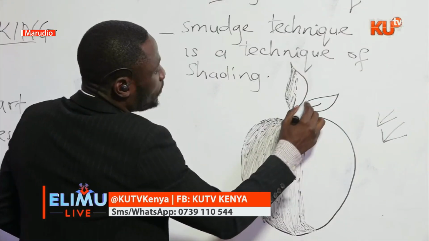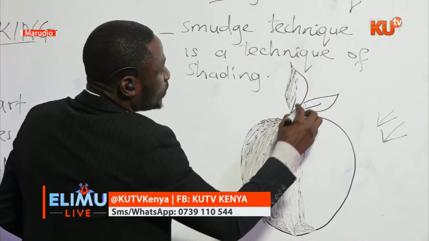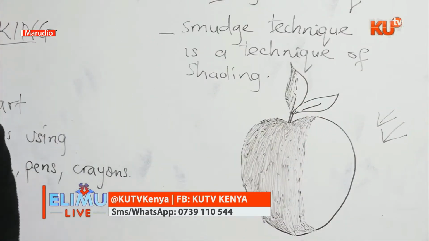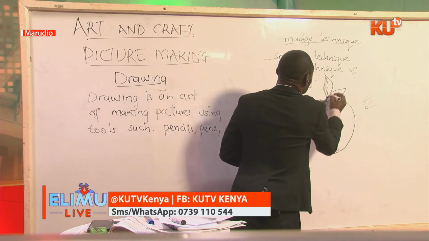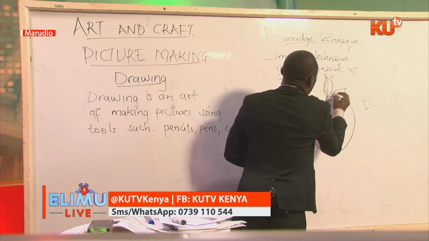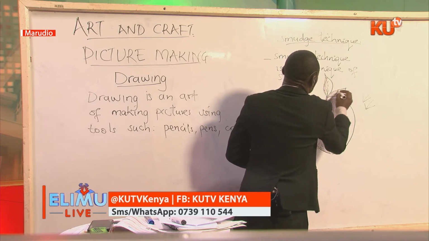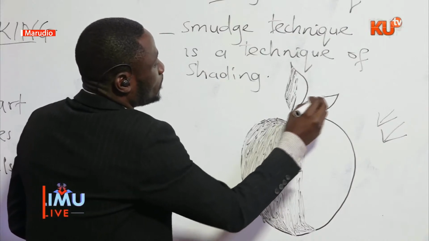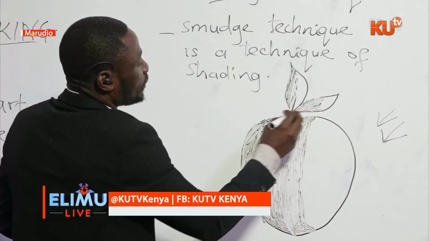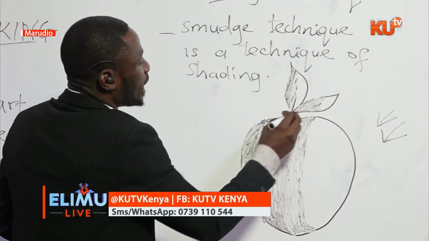Every part of the form must be shaded. And as you shade, make sure you consider the lighter side. Don't shade everything, make sure you shade only the darker part.